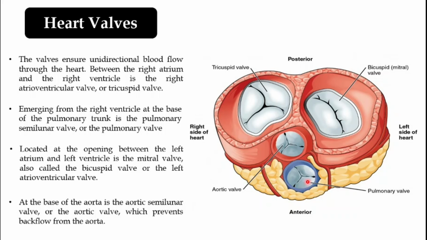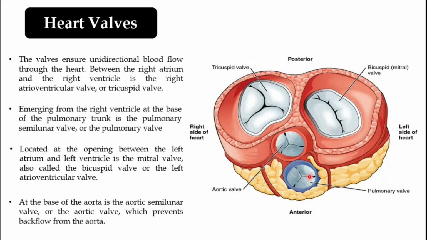And at the base of the pulmonary trunk, we have another valve which is known as the pulmonary valve, also known as the pulmonary semilunar valve, which is there to prevent the backflow of the blood from the pulmonary trunk back into the right ventricle.